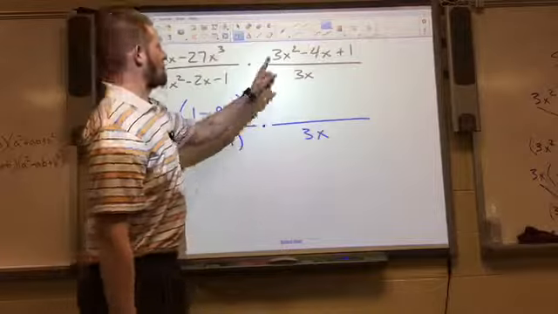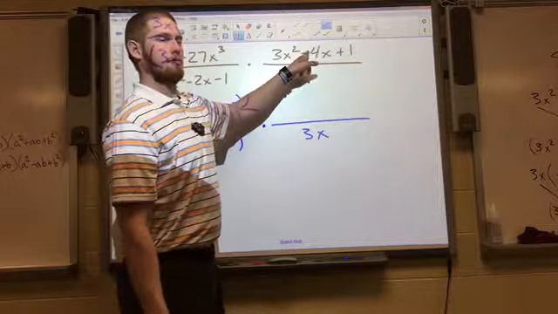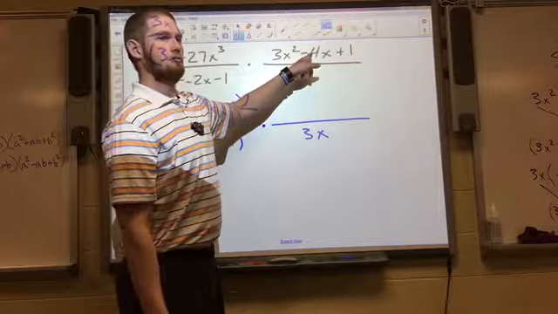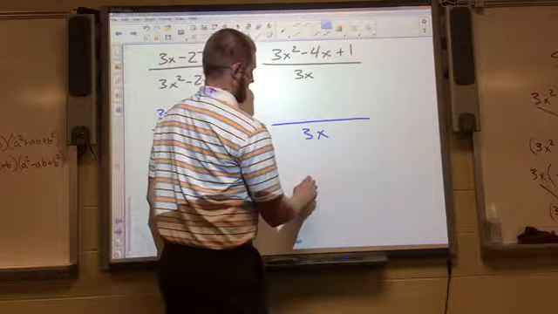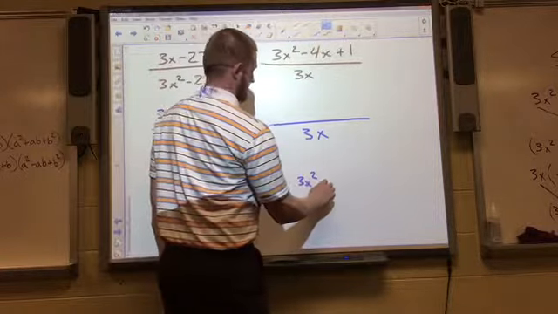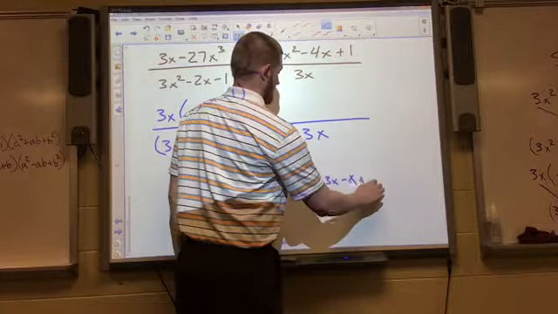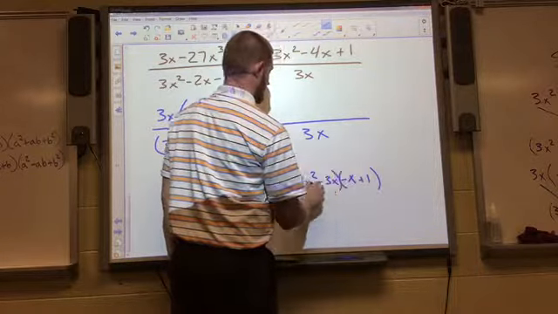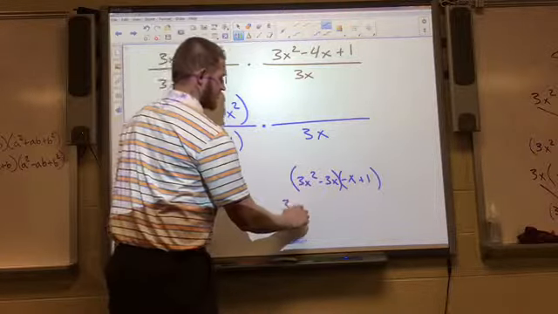So what multiplies to 3 adds to negative 4? Negative 3 and negative 1. So I have 3x squared, and I'm going to erase this in a second, minus 3x minus x plus 1. Group them. Take out a 3x.